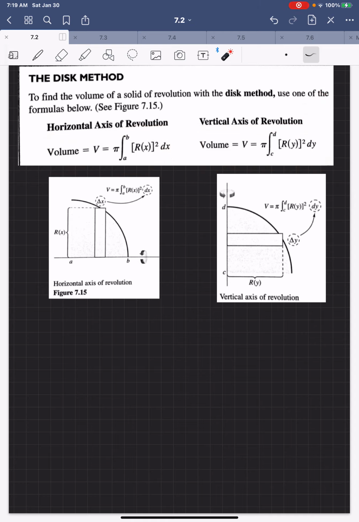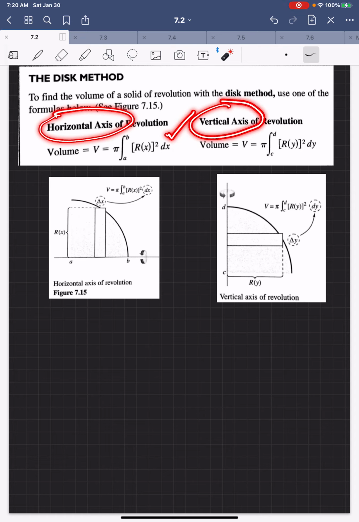You have the same curve here, but it depends on whether you're rotating about the horizontal axis or the vertical axis. The main difference is that if you're rotating about the horizontal axis, you are integrating with respect to x.